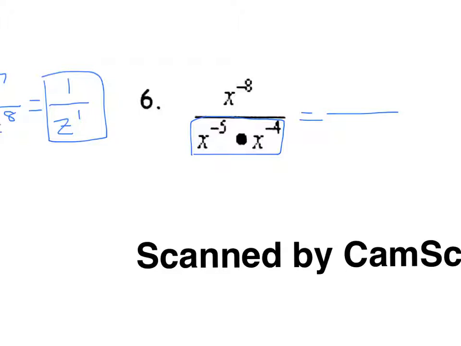I add them. Negative 5 plus negative 4 is x to the negative ninth. On the top, I have x to the negative eighth, and then I can now divide. The negative 8 is actually a bigger number, so the x is going to go on top. Negative 8 minus, this is not negative 8 minus 9, it's negative 8 minus negative 9, meaning I add, giving me a 1.